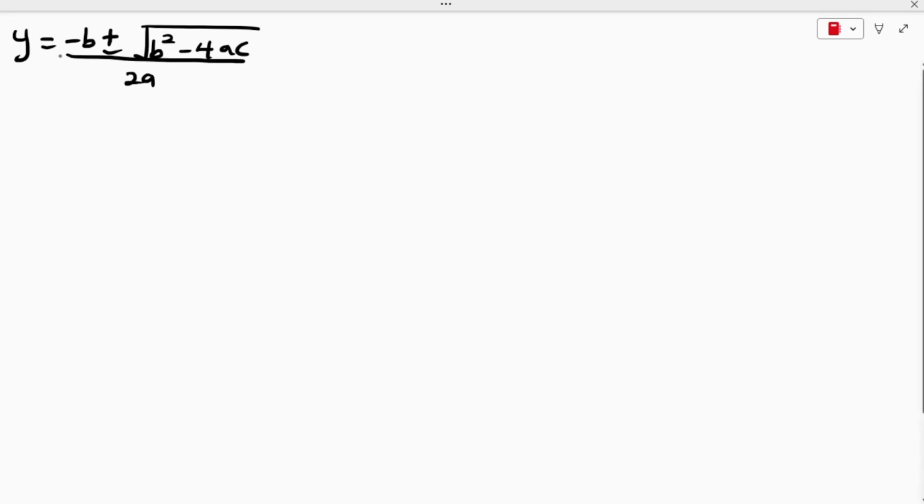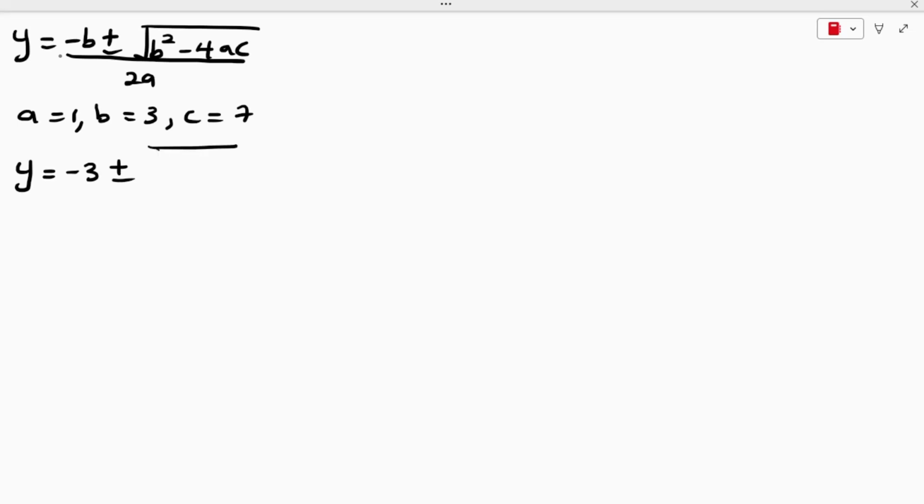Alright, so the quadratic formula says y is equal to minus b plus or minus the root of b squared minus 4ac over 2a, and we have that a is equal to 1, b is equal to 3, and c is equal to 7. So we have that y is equal to, for b, minus 3 plus or minus the root of b squared, which is 3 squared minus 4 into 1 into 7, all over 2 into 1, which is a.